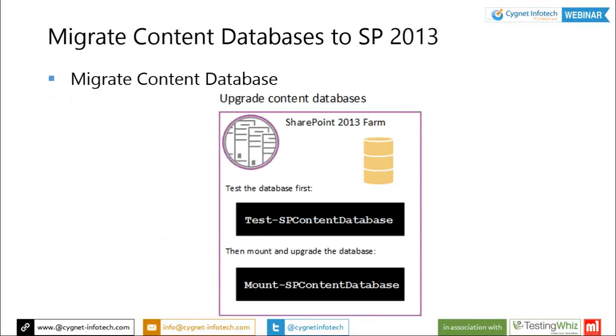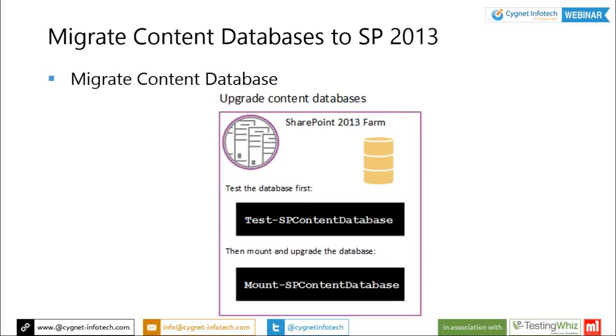And here you go. As discussed, you just start upgrading your content databases. First of all, test your content databases and record the things which can be migrated and which cannot be, because before you start migrating, it is important to bring the compatibility with respect to SharePoint 2013.